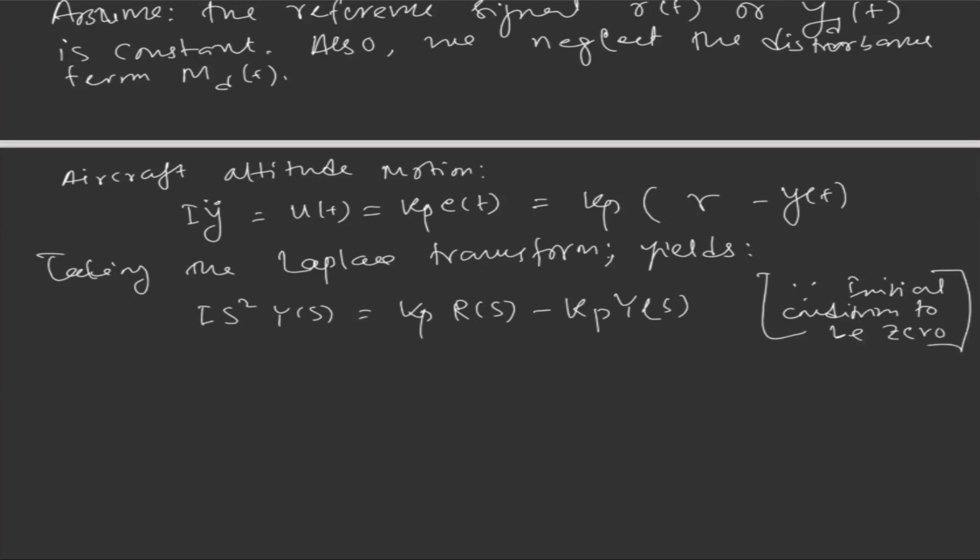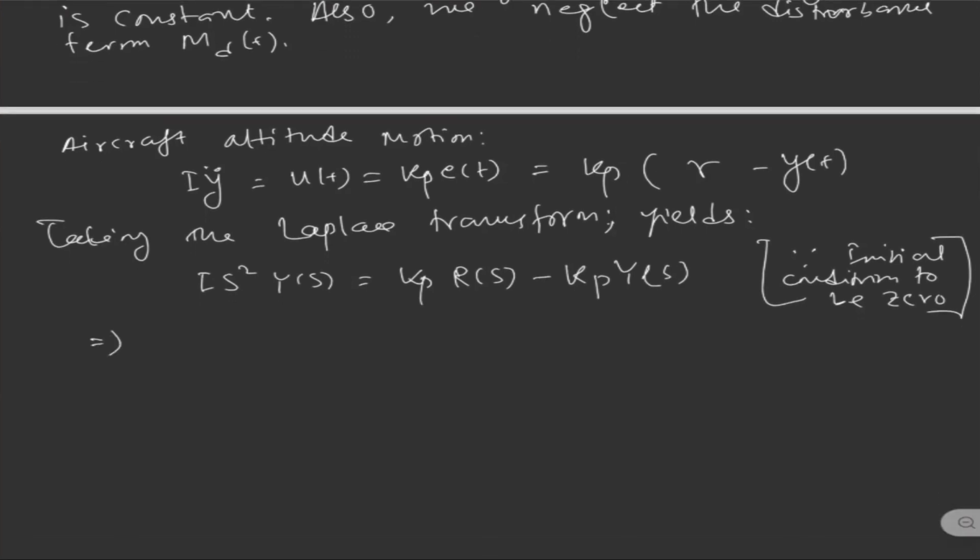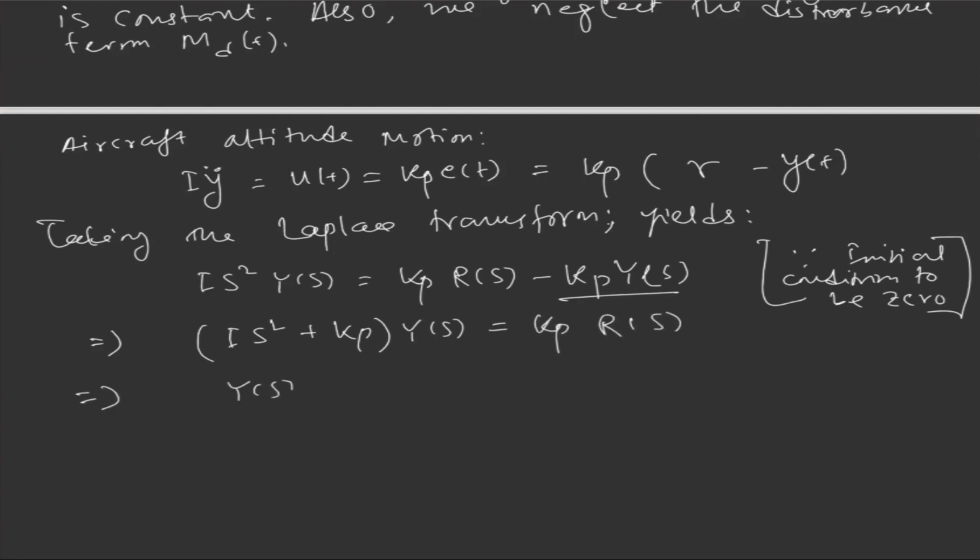This is the assumption for finding the transfer function that we already discussed. From this we can write (I s square plus Kp) Y(s). We take this term to the left hand side, so it equals Kp into R(s). So Y(s) divided by R(s) equals Kp divided by I s squared plus Kp.